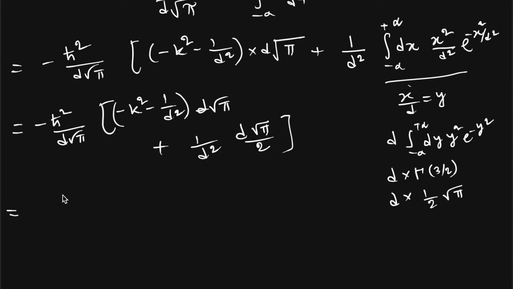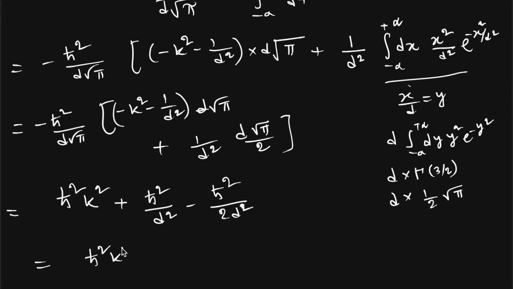That means here h cut square k square, and if we add these two terms, we will get plus h cut square by d square minus h cut square by 2d square, that will be h cut square k square plus h cut square by 2d square.